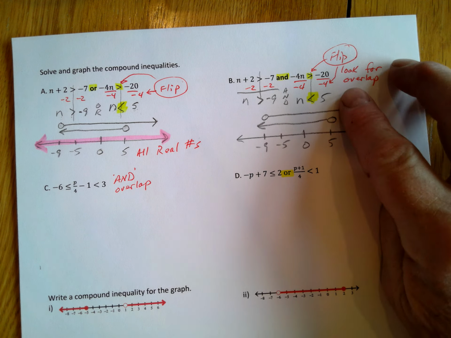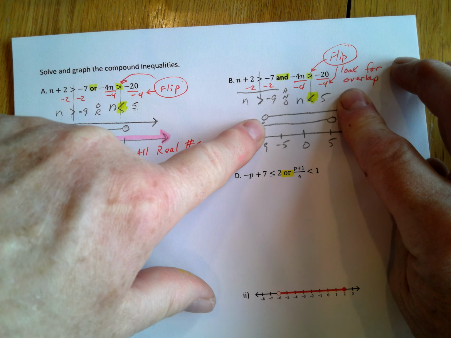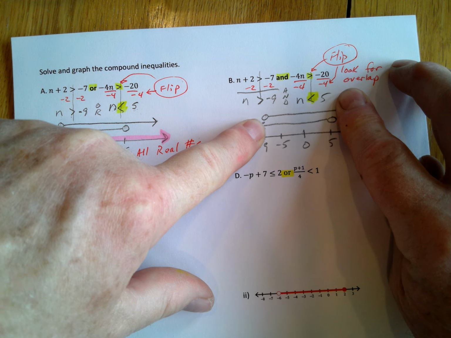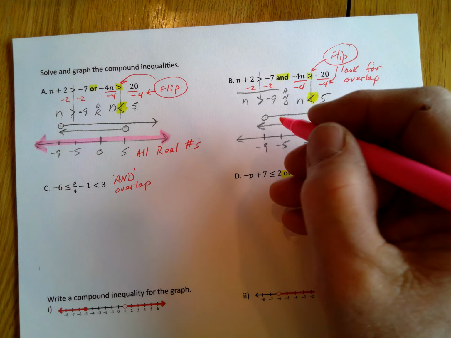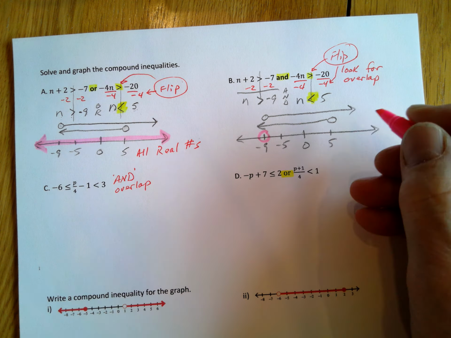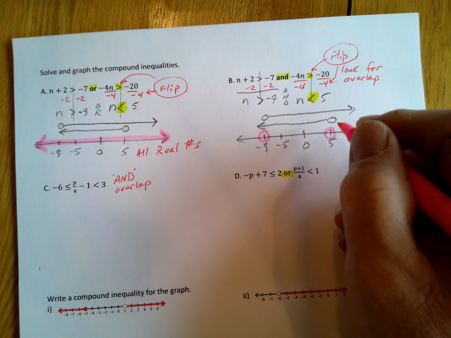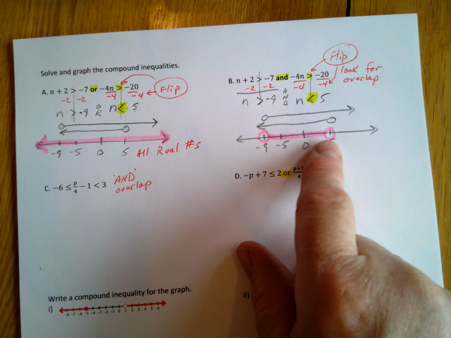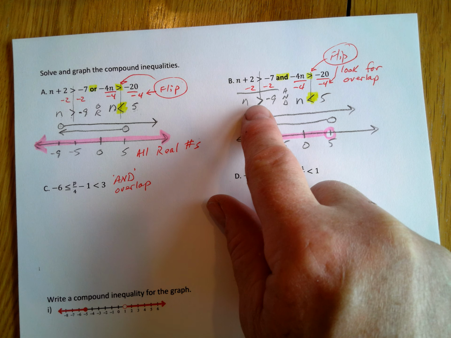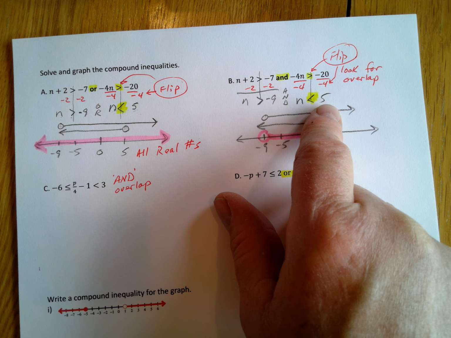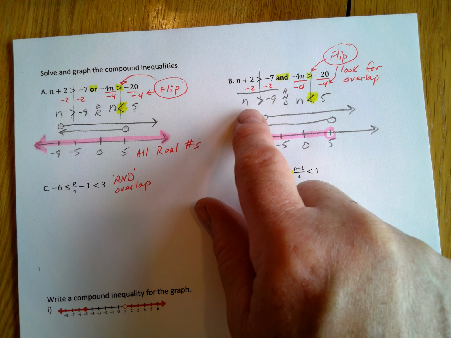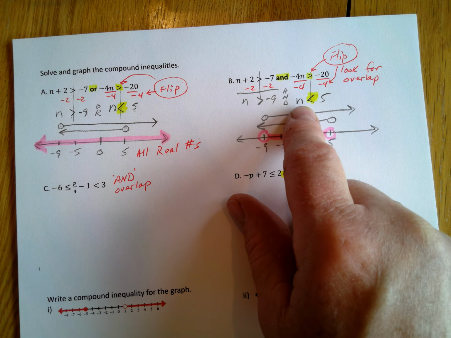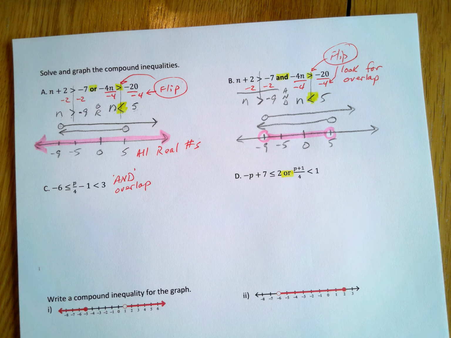So it stops there, and it stops there. Okay? What I'm going to do is open circle -9 and open circle 5. Okay? Any number I pick in here will satisfy both inequalities. Okay? -5 is greater than -9 is true. -5 is less than 5 is true. Okay?